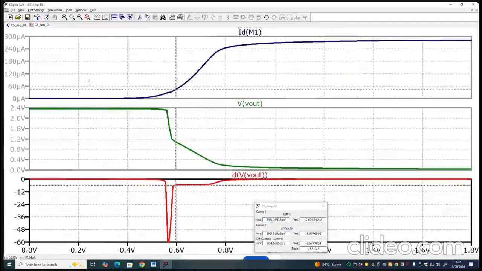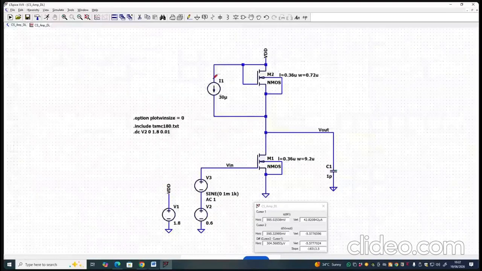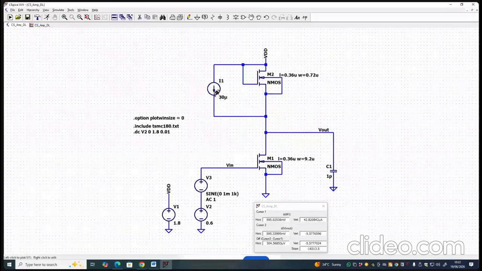So you can do many things, but ultimately when you implement this current source using a PMOS transistor, you will have to replace this PMOS transistor and add the biasing circuit for that.